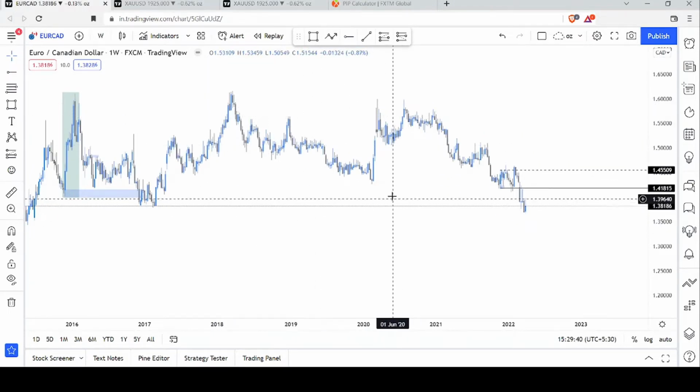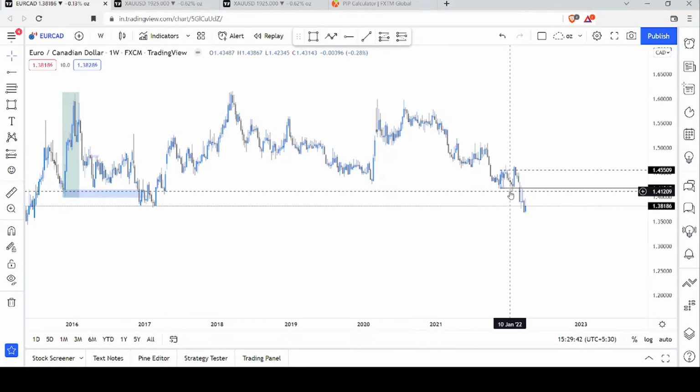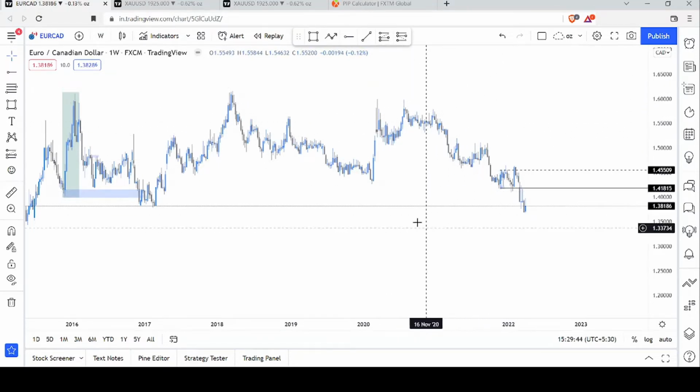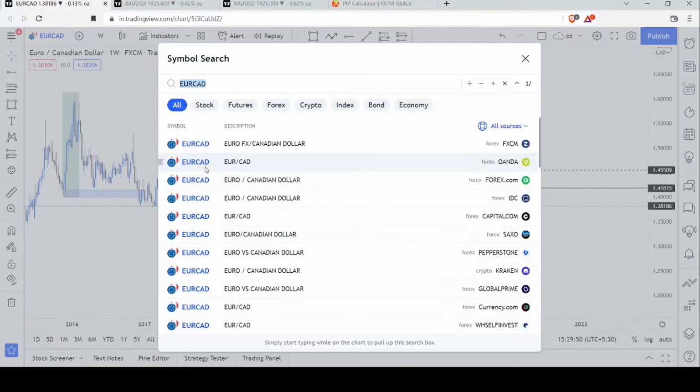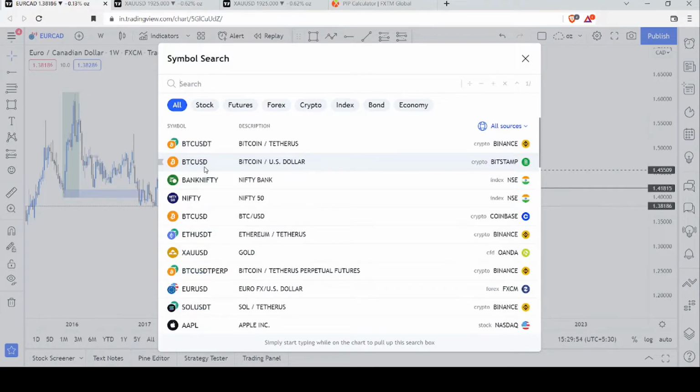Today we will be talking about the three box method and we will be doing certain entries on a random chart. So let's find any pair that we are not familiar with.